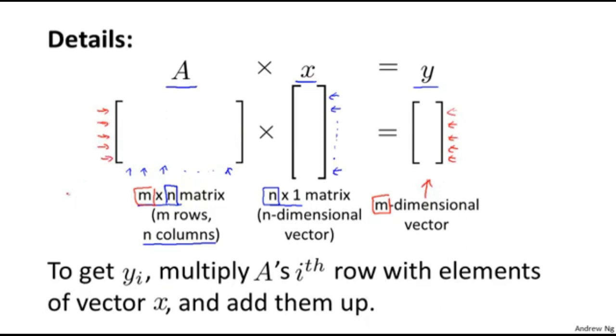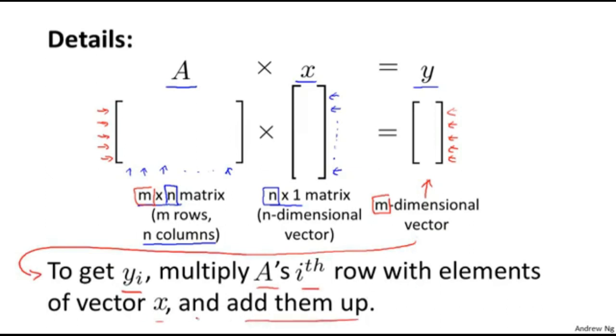So how do you actually compute this vector y? Well, it turns out to compute this vector y, the process is to get y_i, multiply A's ith row with the elements of the vector x and add them up. So here's what I mean. In order to get the first element of y, that first number, whatever that turns out to be, we're going to take the first row of the matrix A and multiply them one at a time with the elements of this vector x.